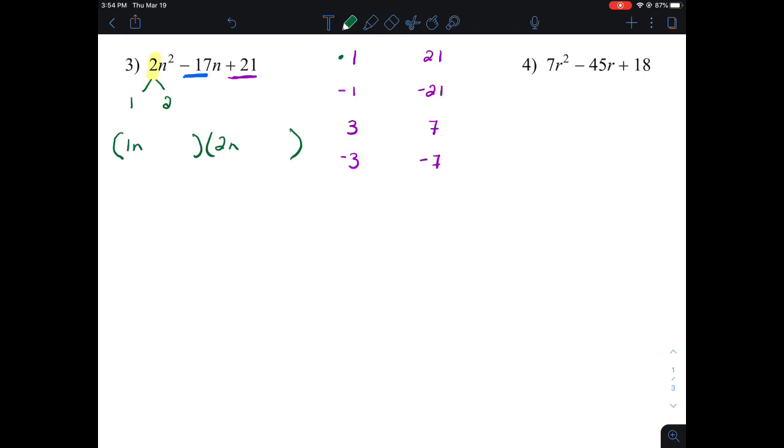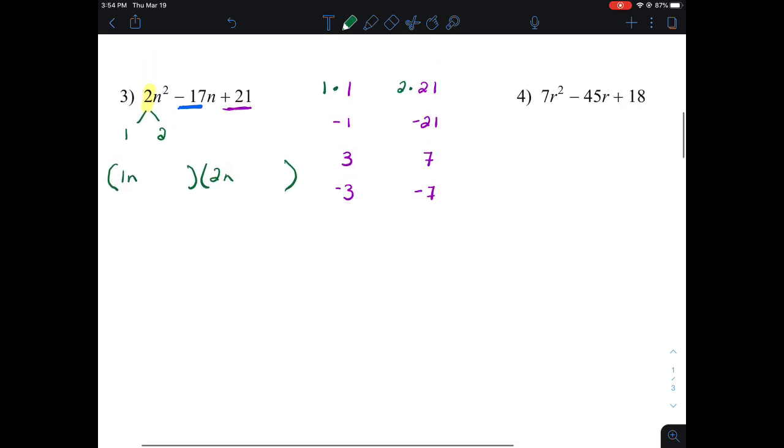I'm going to say, all right, well, 1 times 1, and then I'm going to take the 21 and times it by 2. These green numbers are the end numbers. And then I'm going to add them. So 1 times 1 plus 2 times 21 makes 43. Ooh, that wasn't even close.